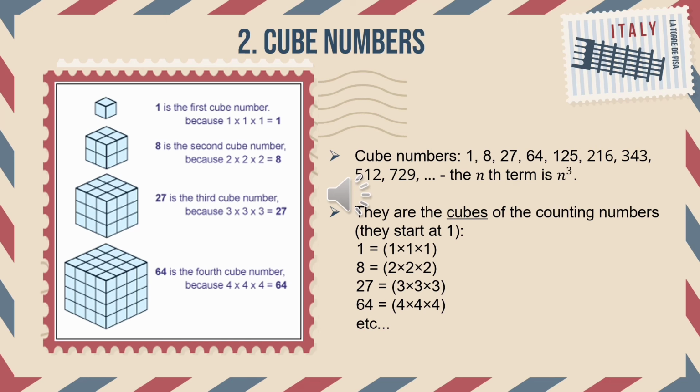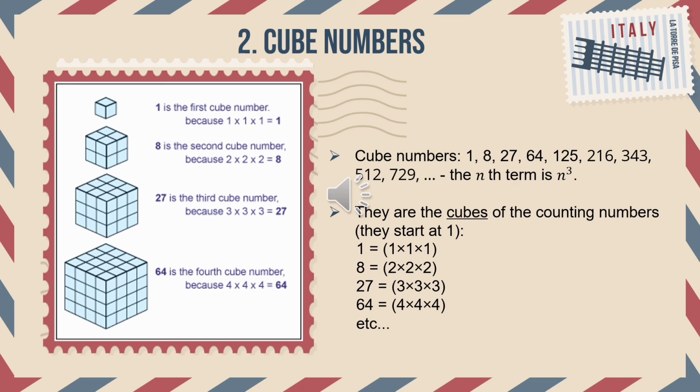And then look at this picture. 1 is the first cube number because 1 times 1 times 1 is 1, and the shape is like this.